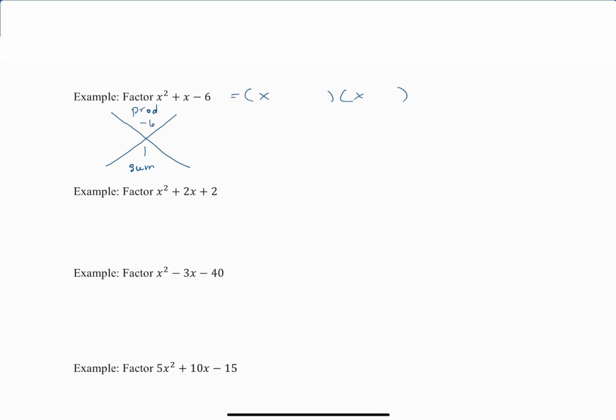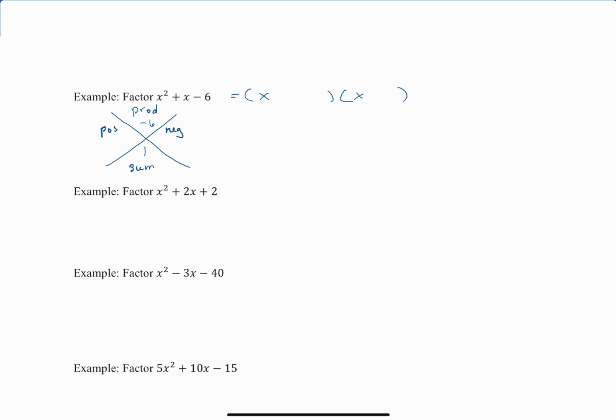Now, because the product has to be negative 6, one of the numbers has to be positive and one of them has to be negative. That's the only way you can get a negative product. So I'm looking for two numbers, one positive and one negative, that add up to be positive 1.